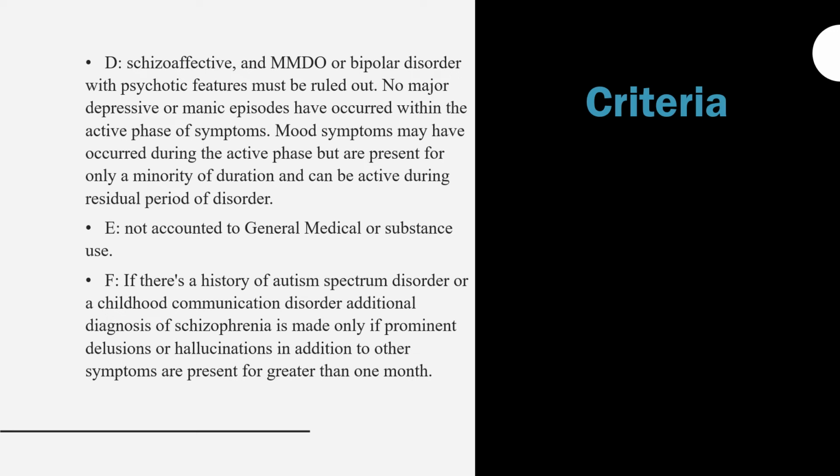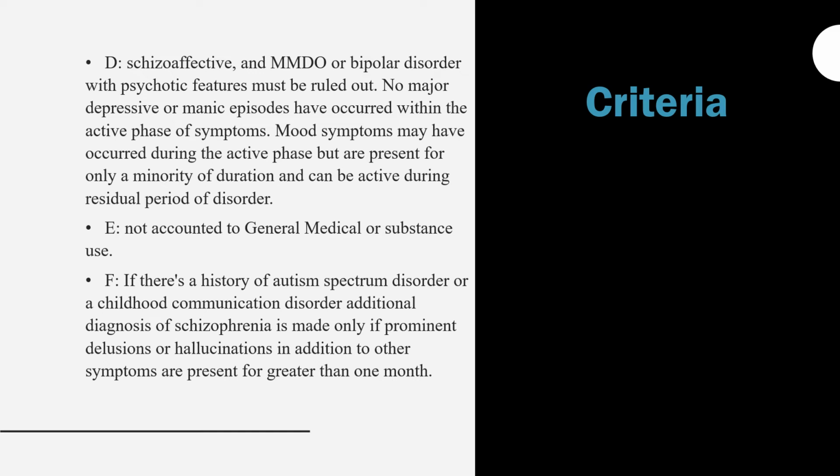Now, an important component to this is recognizing that no major depressive or manic episodes have occurred within an active phase of the symptoms. Now, the mood symptoms, they can be there, but that's not the same as depressive or manic symptoms. Okay? You're going to want to look into that a little more detail.